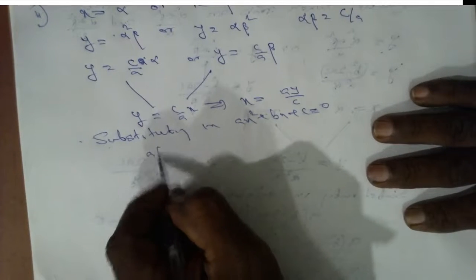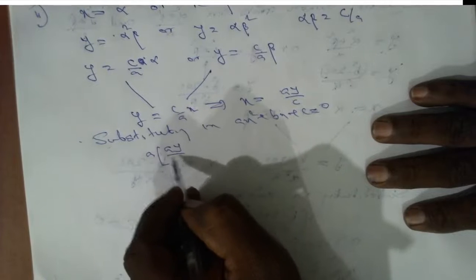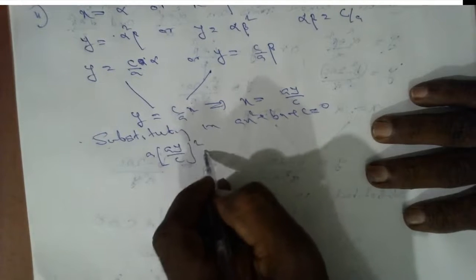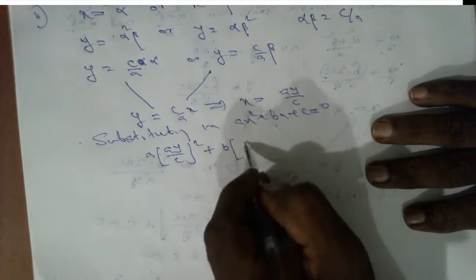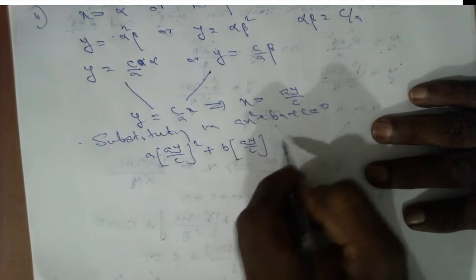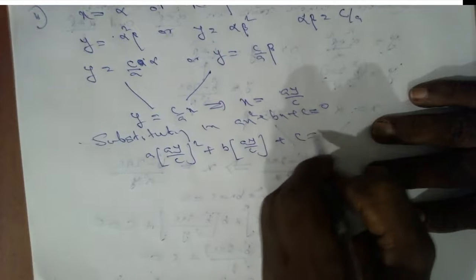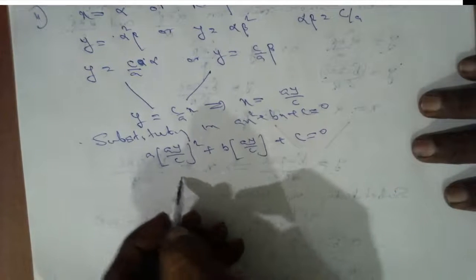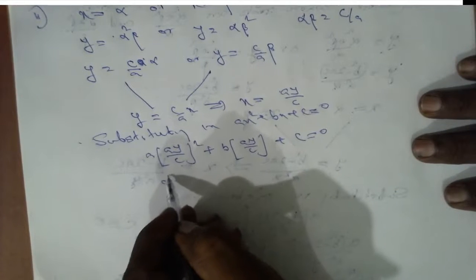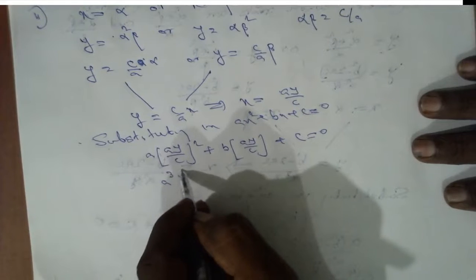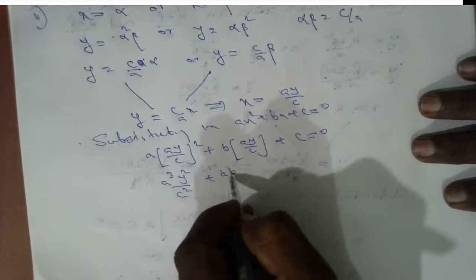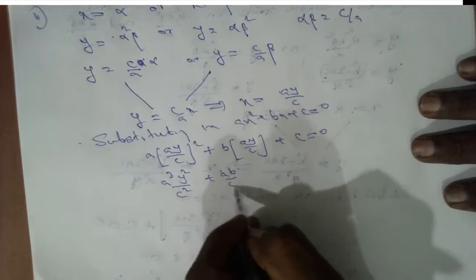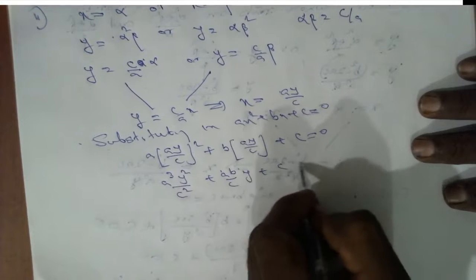You have a into ay over c whole squared plus b into ay over c plus c equals 0. a cubed y squared over c squared plus aby over c plus c equals 0.